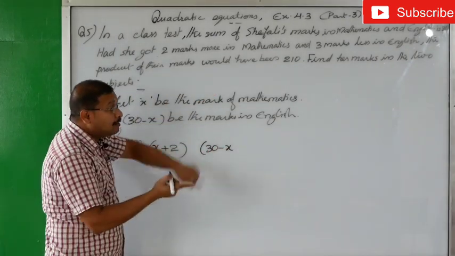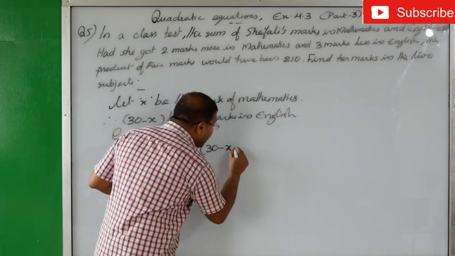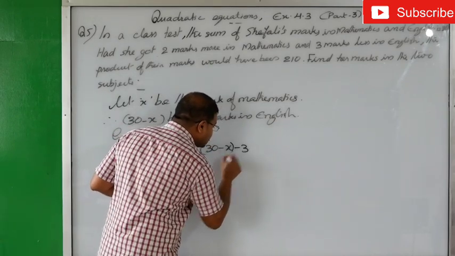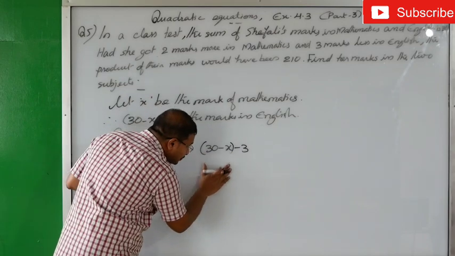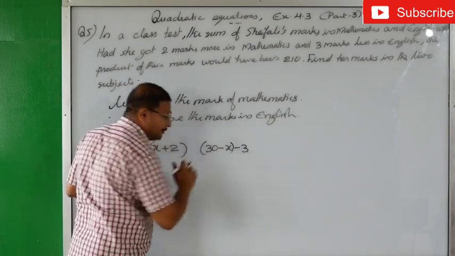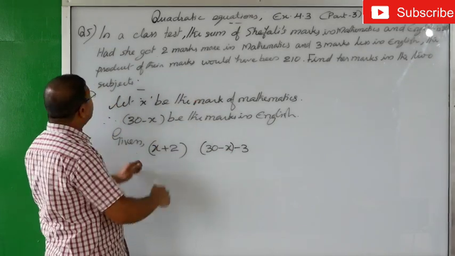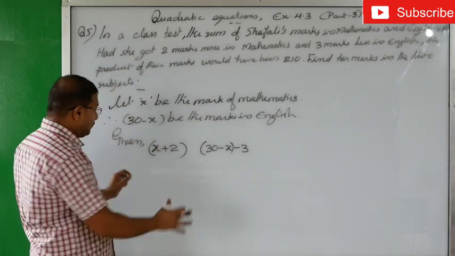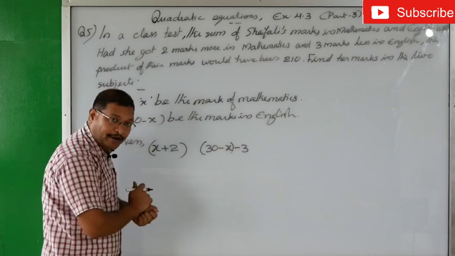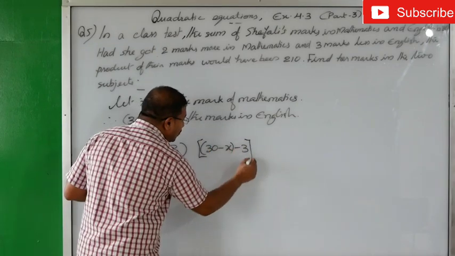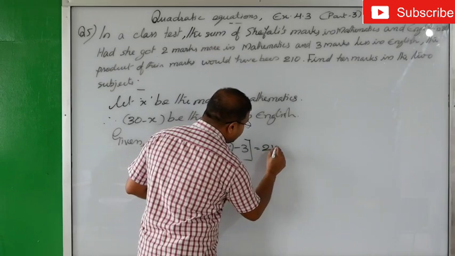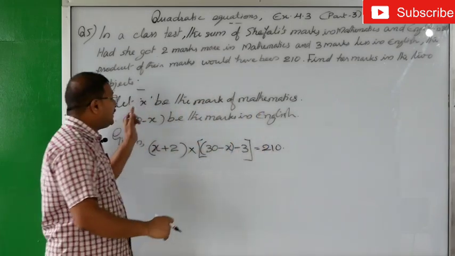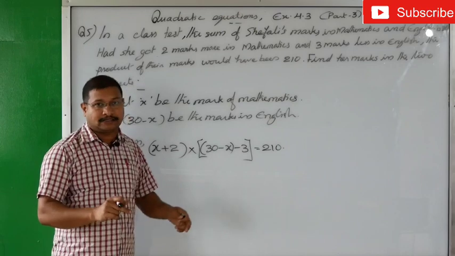But given 3 marks less, that means minus 3. 3 marks less. Already 30 minus x is the English mark, minus 3. Isn't it? Now, the product of their marks, that means these 2 multiplying, that is the product. So, their product is how much? Is given 210. First we'll write, let x be the mark of mathematics.